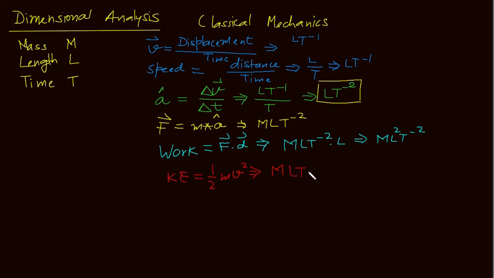So L T minus 1. So this leads to M, L square T minus 2. So you see this looks identical to work. So this gives you an idea that work and kinetic energy could be interchangeable.